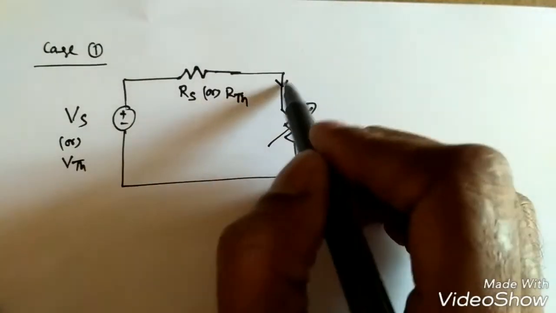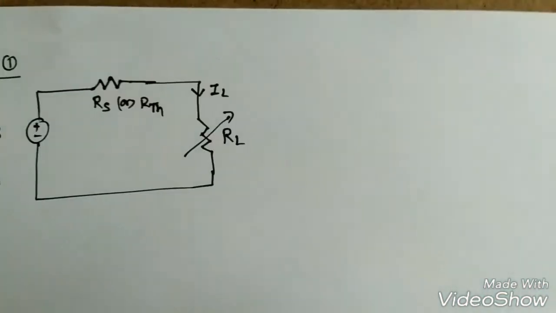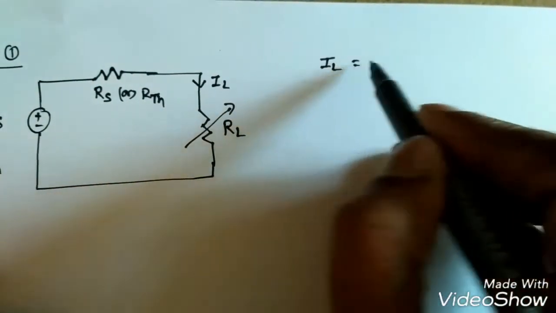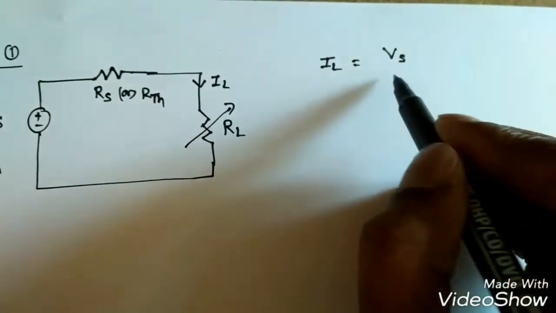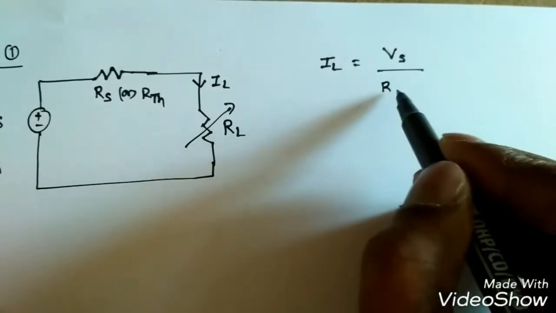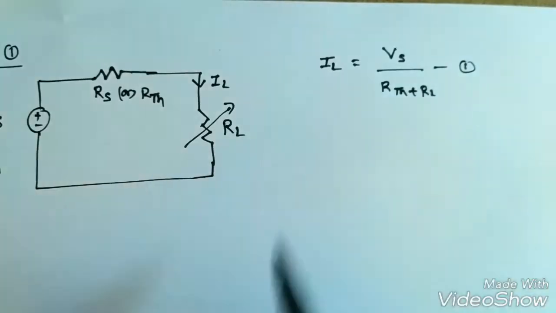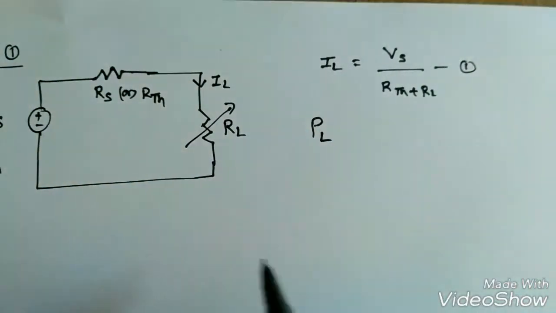Suppose I assume some current IL. By Ohm's law, what is IL? The voltage, VS or VTH, by the total resistance: IL = VS by RTH plus RL. Equation 1. Now I need the load power, which I assume as PL.